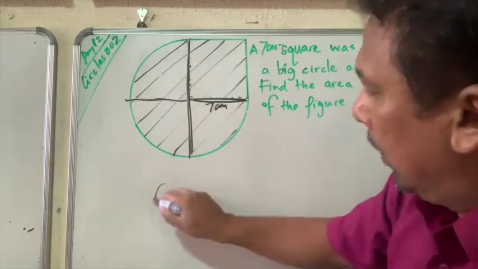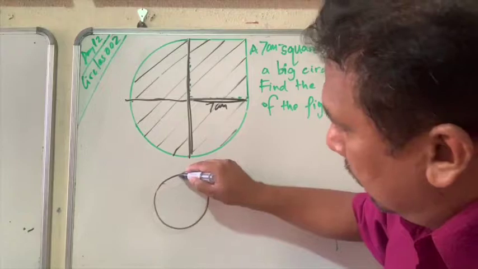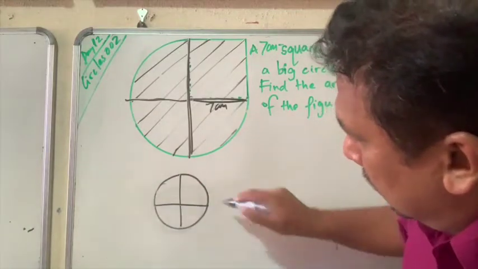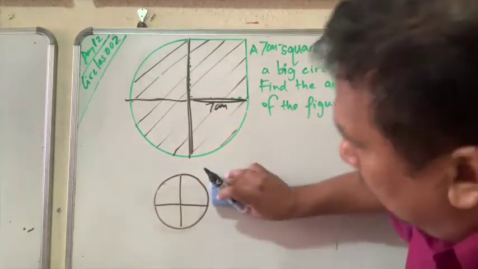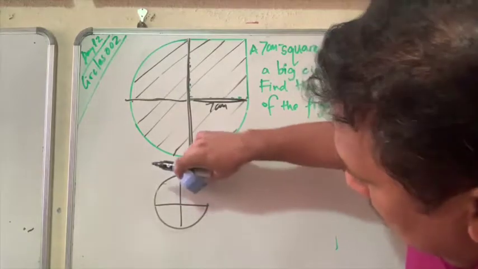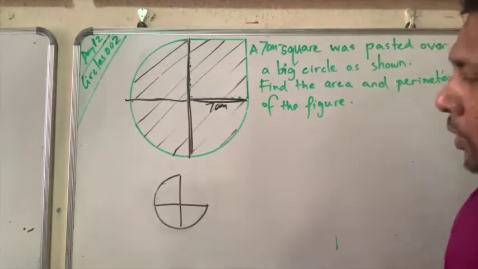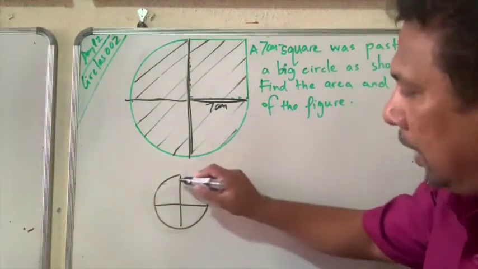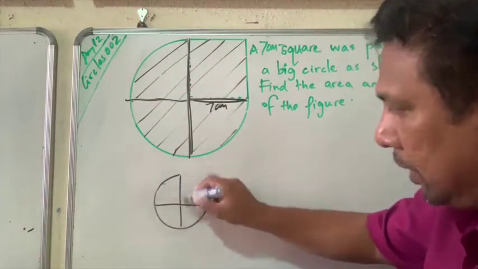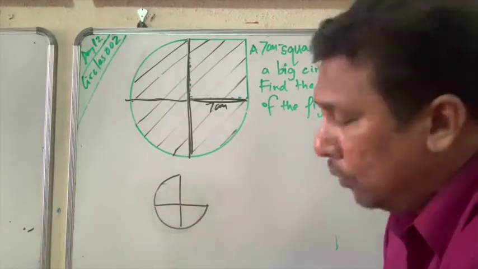So you have a full circle, but there's only 3 parts of it. 3 parts out of 4, which means it's 3/4 of a circle. So you can find the area of a full circle, then multiply it by 3/4.